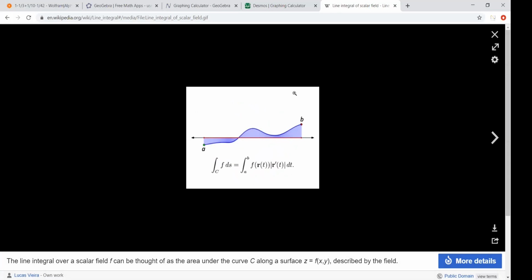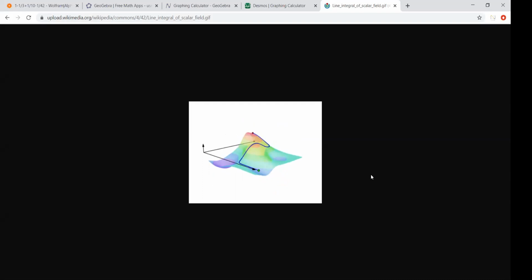So here's your domain. And now we evaluate F, and when we evaluate F, we have a curve in the domain. And now we look at what happens to this curve. Imagine you're running along a road that goes up and down, just like this.